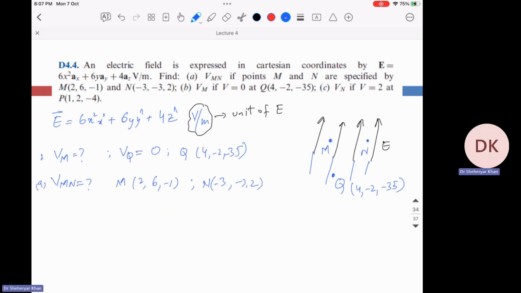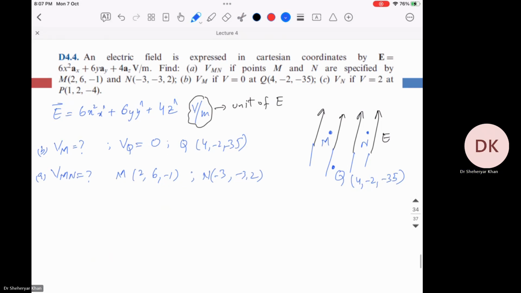First solve this one and then solve this one. So E is given, M is given, N is given. Find out the voltage Vmn. You can use the formula: Vmn equals the integral of minus E dot dl from N to M. Please try this, then I will help you. Find out the formula of electric field and voltage.